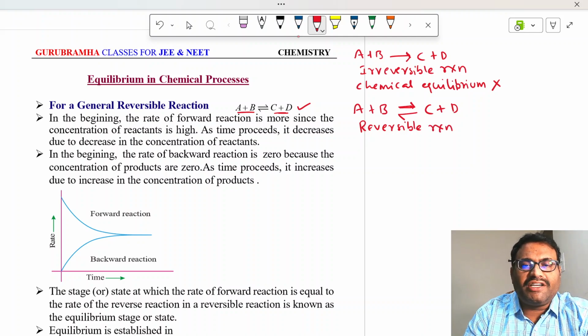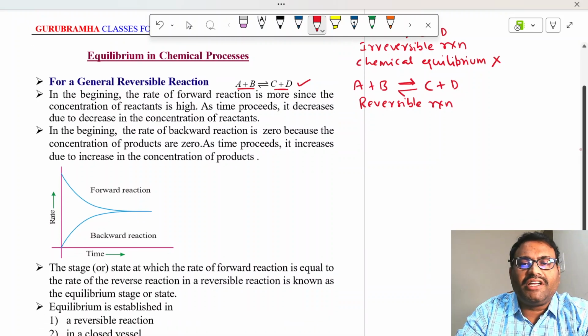In a reversible reaction, after a particular time, no doubt about it, a reversible reaction will attain equilibrium. So, chemical equilibrium can be obtained in a chemical reaction.